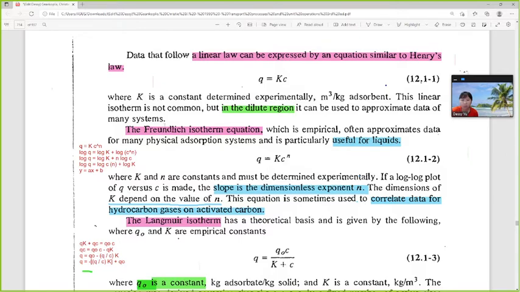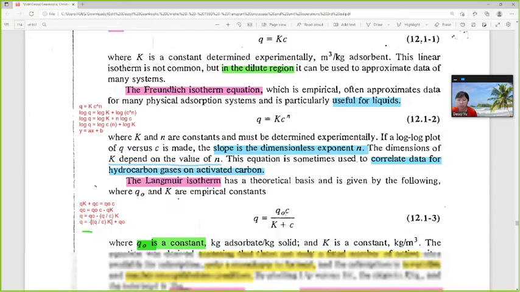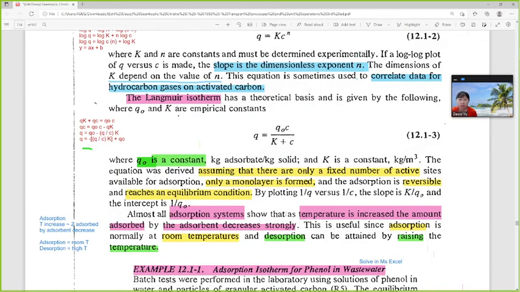Different isotherm equations correlate data for hydrocarbon gases on activated carbon. The last is the Langmuir isotherm.